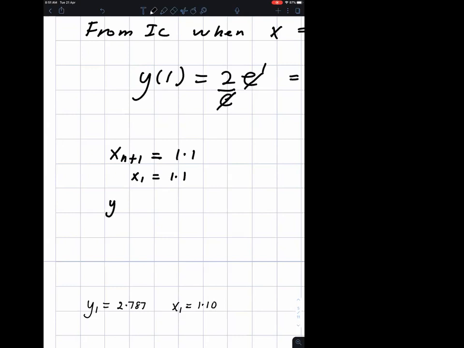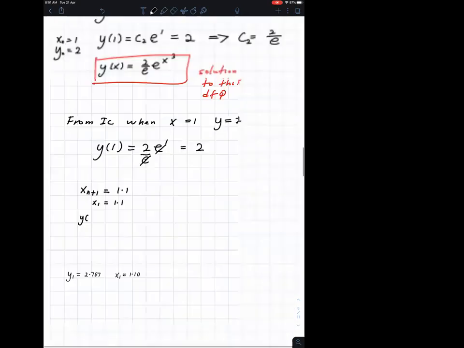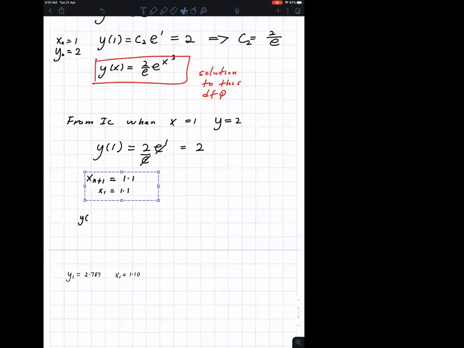Now you plug 1.1 into the exact equation. We get 2 over E times e to the power of 1.1 cubed.